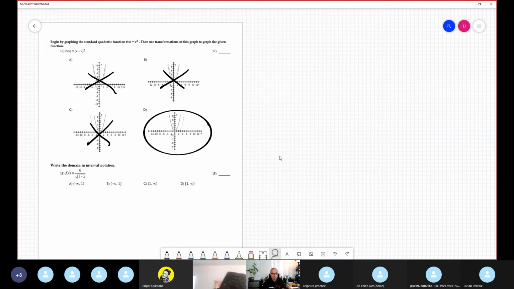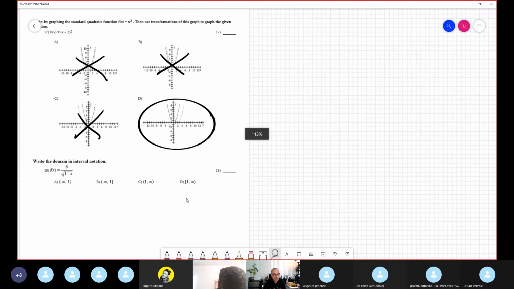Okay, now, finally, the 18th question is to find the domain. Now remember the restrictions for the domain. Restriction number 1: when you have division, the expression in the denominator is non-zero.